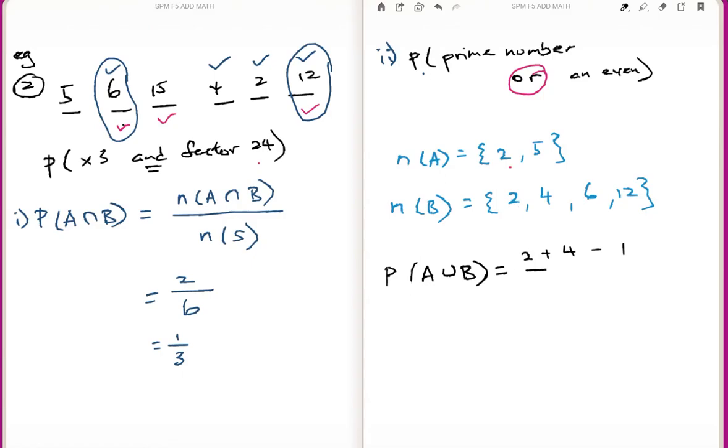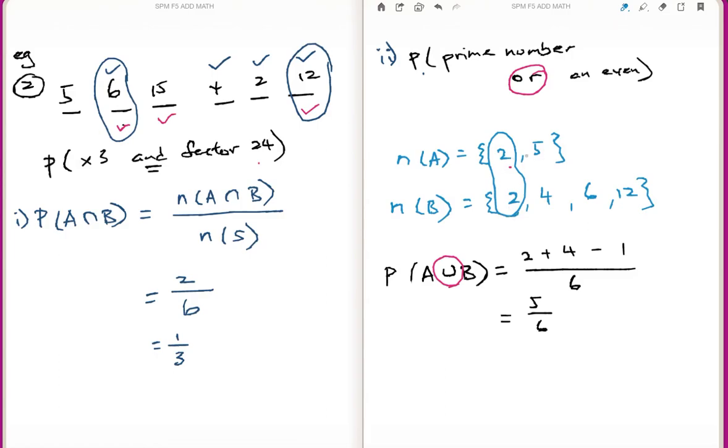Okay? Over the total number of cards is 6, total sample size 6. So therefore it's 5 over 6. Why is this subtract 1? Because if it were to be OR, one of them is overlapping.